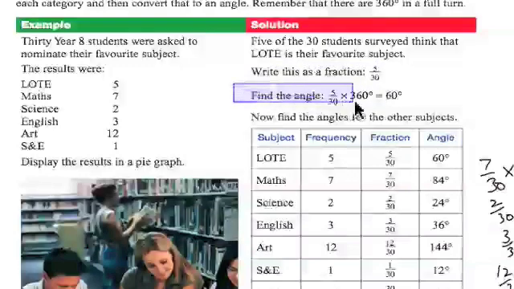Now we need to think about the circle, so we need to think about what fraction of the circle is that. So what we do is we work it out as 5 divided by 30 times 360 equals 60 degrees. So 5/30ths of a circle is 60 degrees.